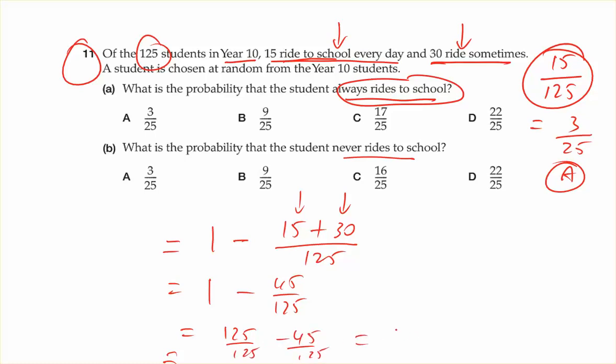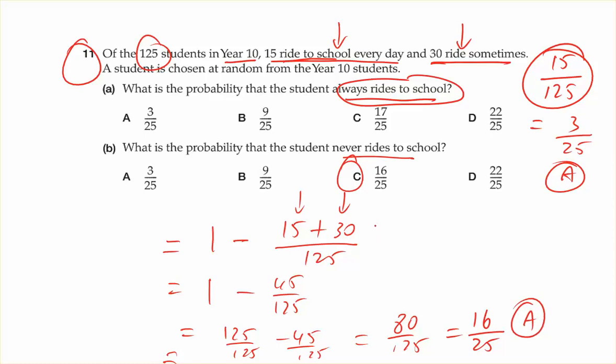I should get a value of, okay, I'm subtracting 45, so it's 80 out of 125. Now 5 goes into 80 16 times, and we got 25. So my answer should be C.